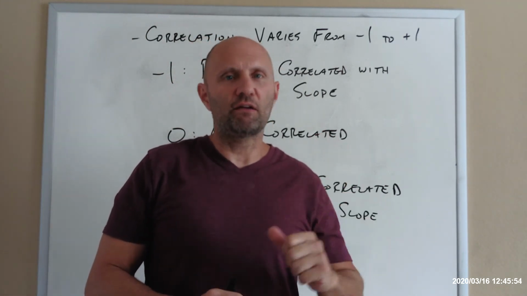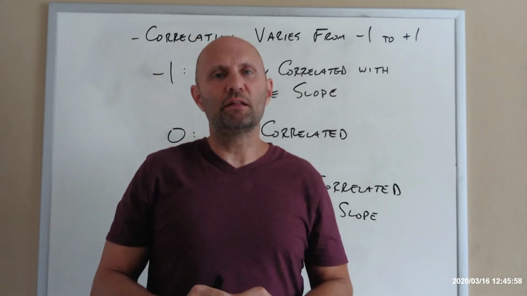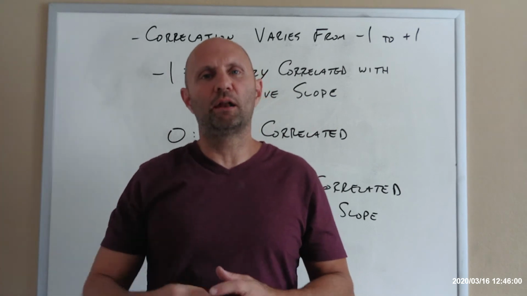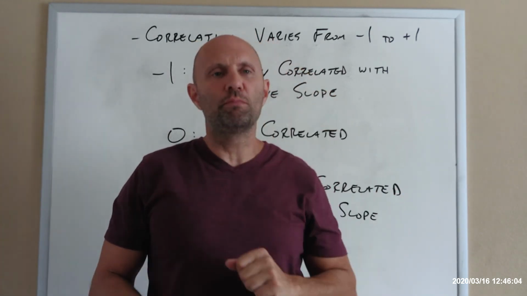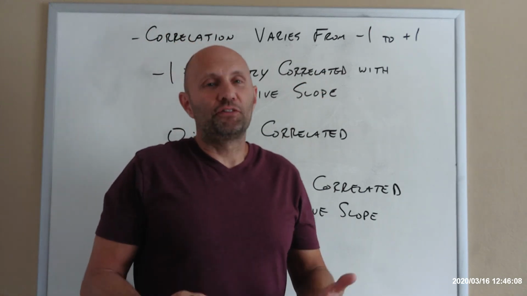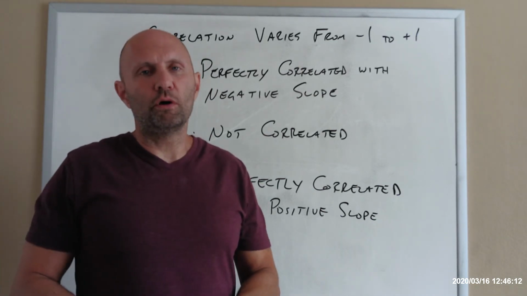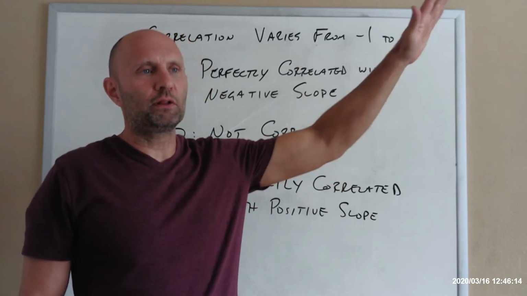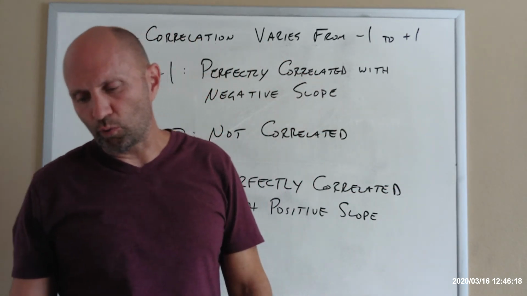If I eat 700 calories extra per day, I would put on this much weight. If I eat 1,000 extra calories, I would put on a whole lot more weight. And that's going to be an upward slope. If it's an exact match and perfectly correlated, it would be +1. So +1 perfectly correlated going up, -1 perfectly correlated going down.